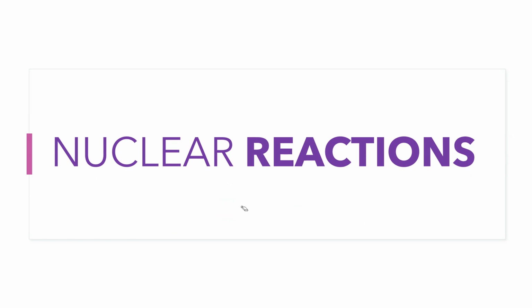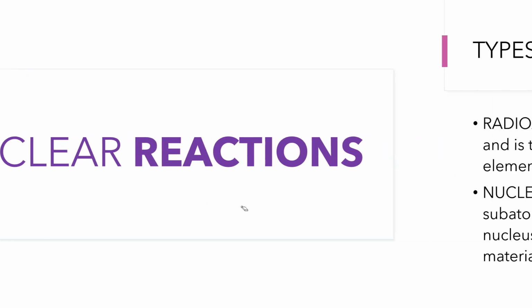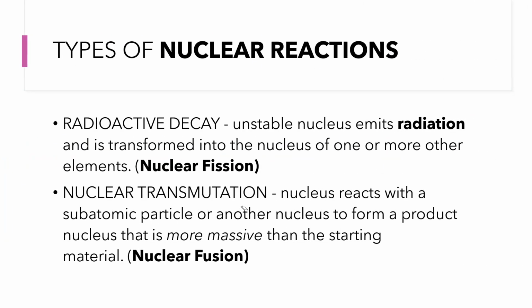So next step is the nuclear reaction. So we are looking now at the reaction itself. So there are different types of nuclear reaction. We have radioactive decay. Unstable nucleus emits radiation and is transformed into a nucleus of one or more other elements, which in other books and literatures they refer to as the nuclear fission.